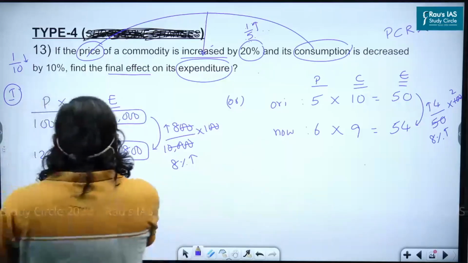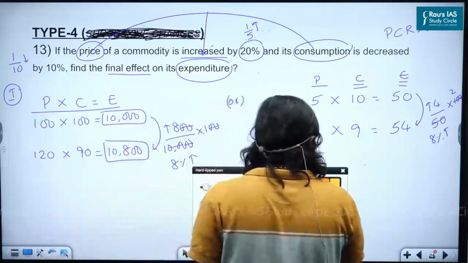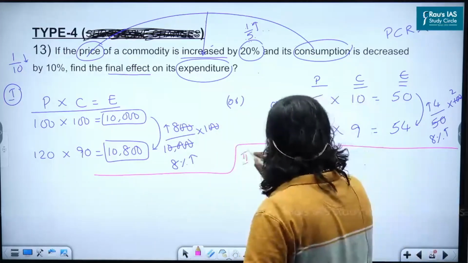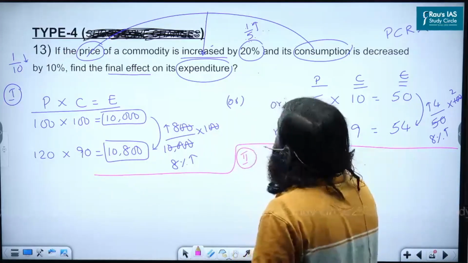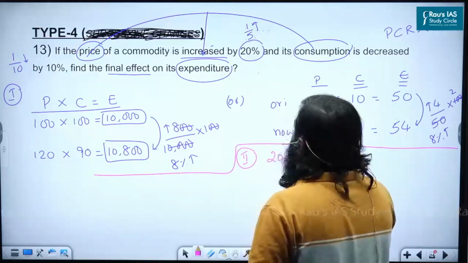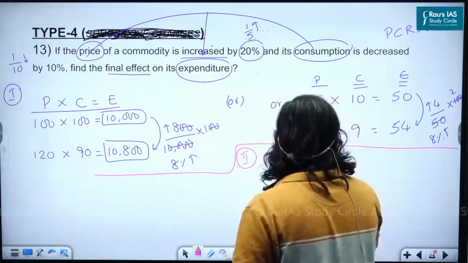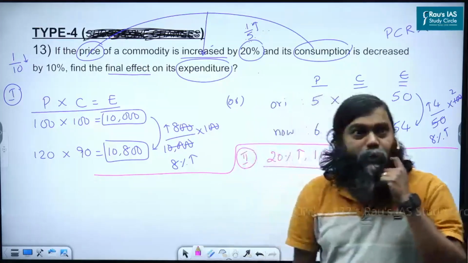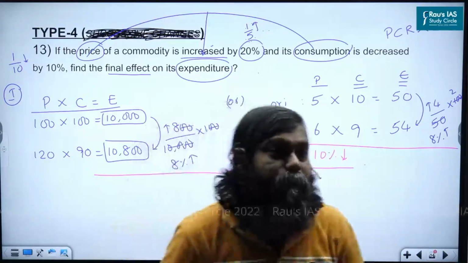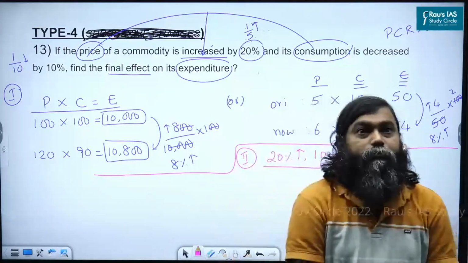Come to the second interpretation. Price increased by 20%. Consumption decreased by 10%. So all are ready? Now, how many numerical values are there? 2.